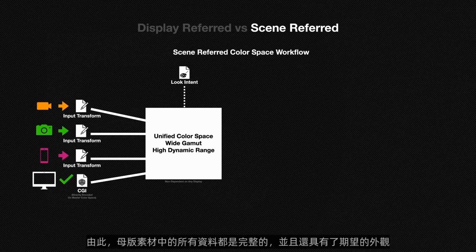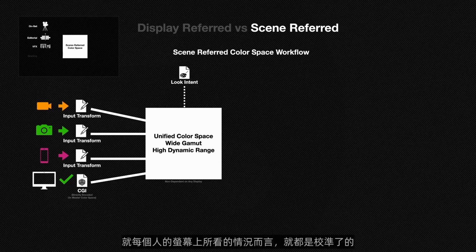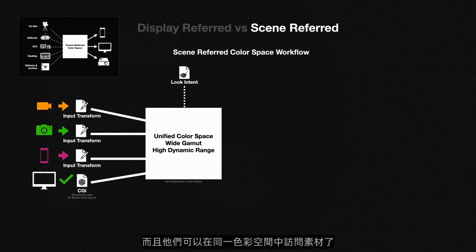So we have all the data intact in our master footages, together with the look intent, so when the footage moves to other departments, they are all aligned in terms of what everybody sees in their screens, and they have access to the footage in the same color space, always maintaining the creative look intent.